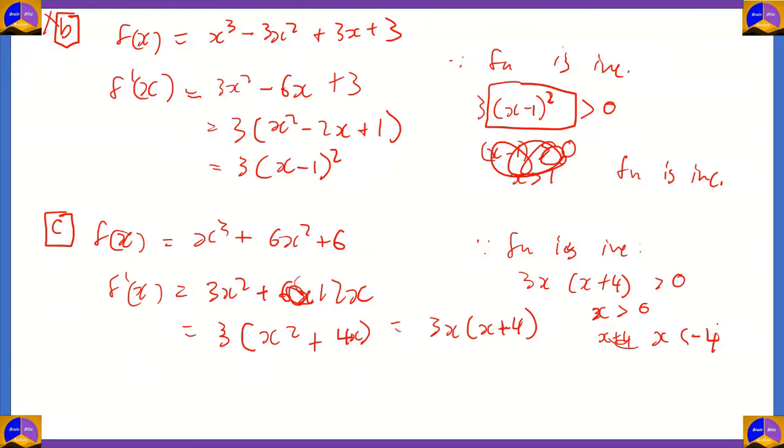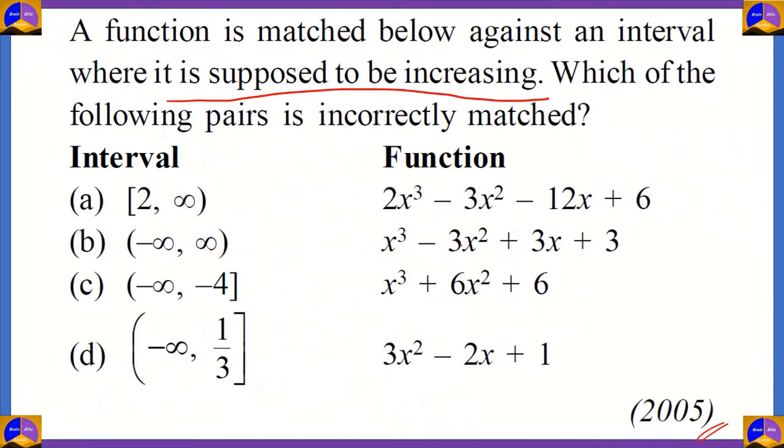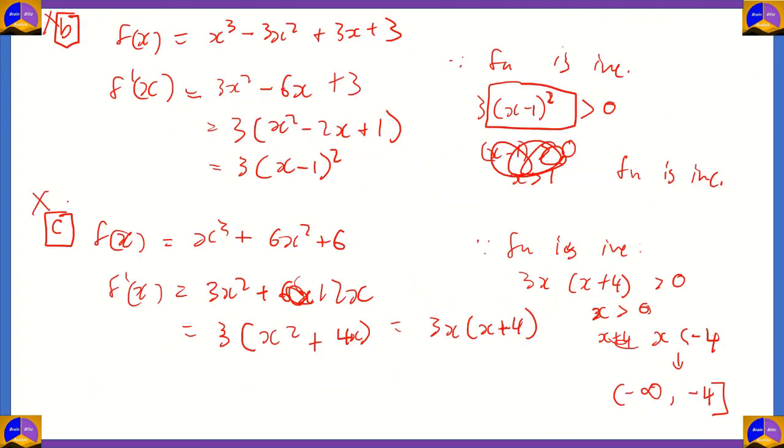So therefore what you get is the fact that x will be less than minus 4, so the correct interval will be open interval minus infinity to closed interval minus 4. So at this point the function here is an increasing function. So therefore, option C is also correctly matched, so it is an incorrect option.